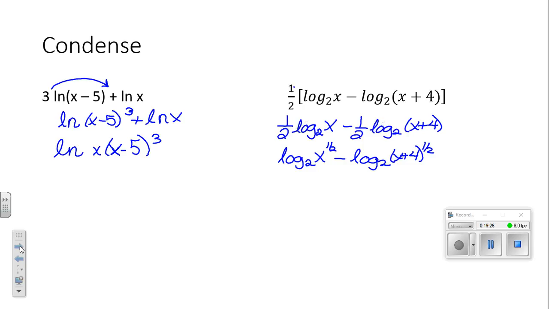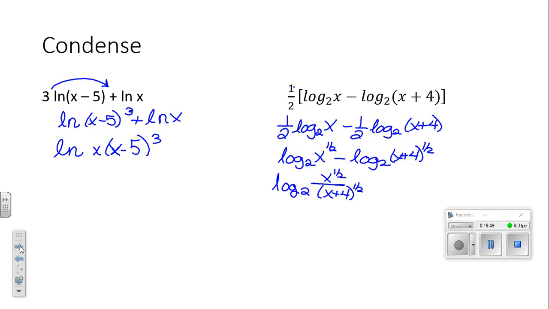Now how do we make it just one log? Division. Log base 2 of x to the 1/2 over, not log base 2, just plain old x plus 4 to the 1/2.